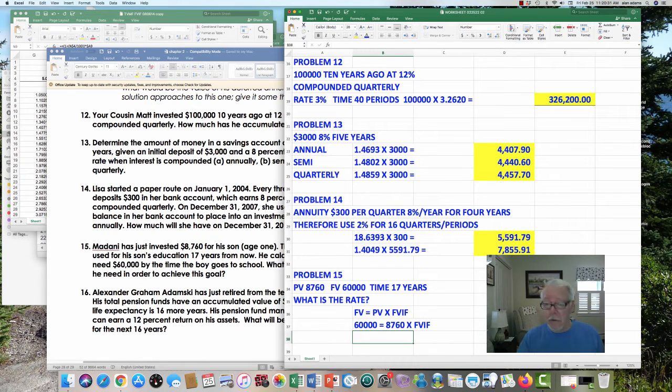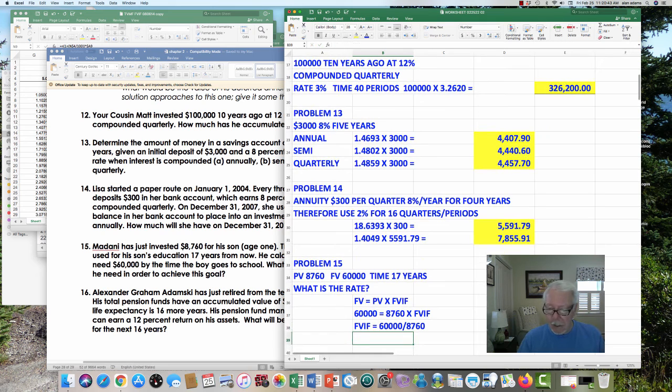That's our unknown, the FVIF. Use your algebra, divide both sides by $8,760, and that means to find the number, we do that. The FVIF, therefore, is going to be $60,000 divided by $8,760.